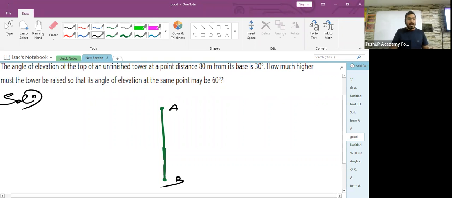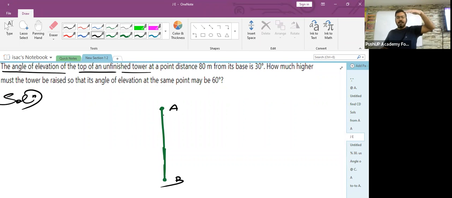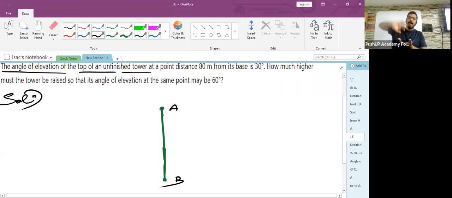Now, the angle of elevation of the top of an unfinished tower. As of now, the tower which I have drawn is unfinished. The work has stopped right now at point A. You can expect the tower to increase its height later on from that point A upwards.